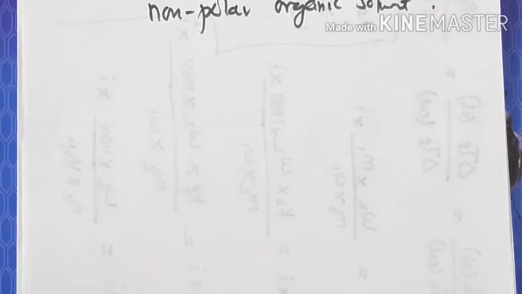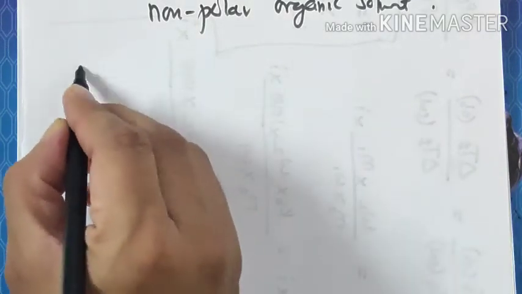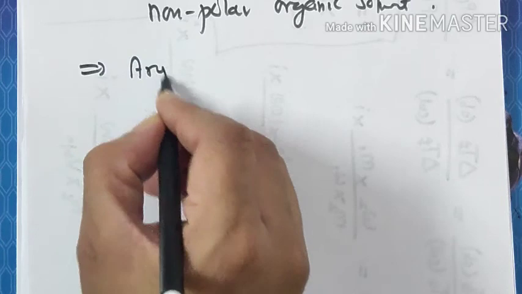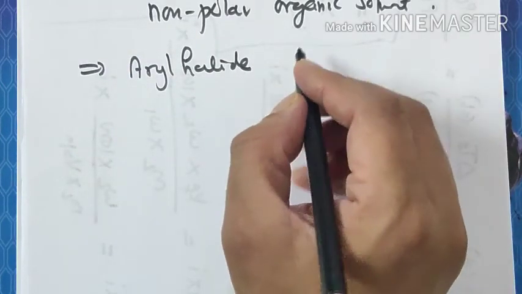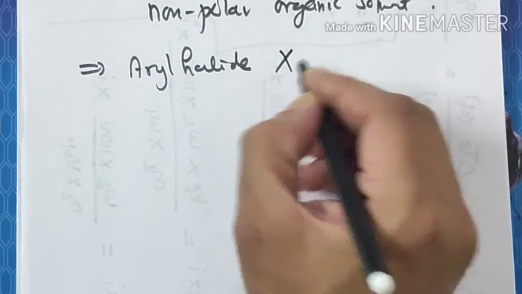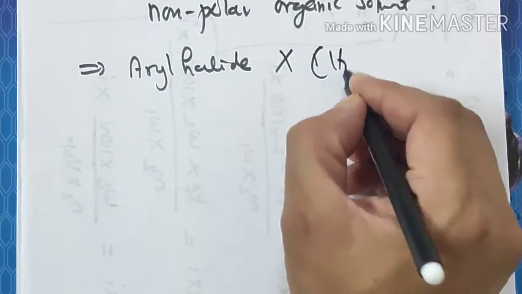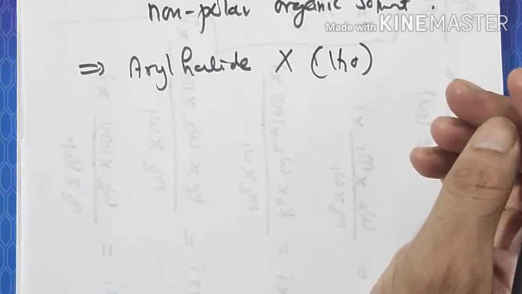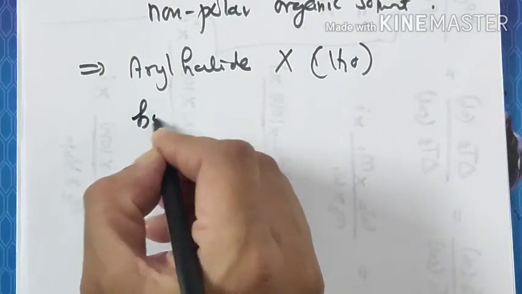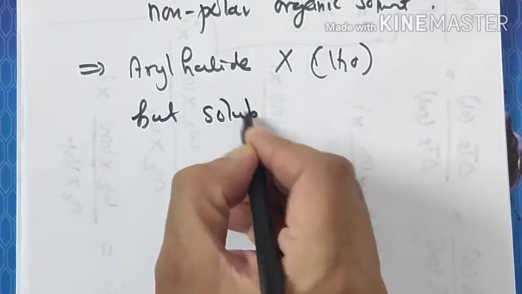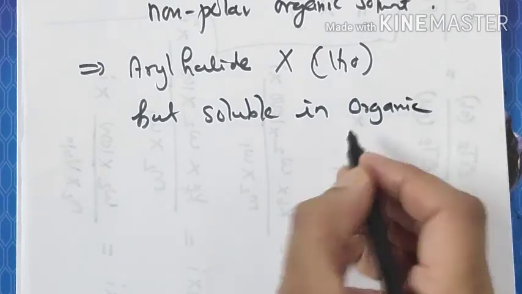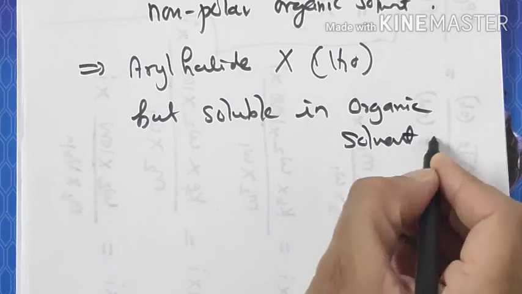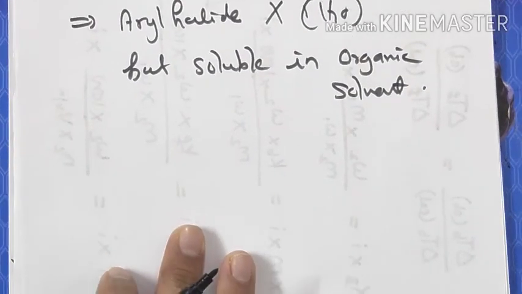Now, if I talk about aryl halide, student, then aryl halide is also insoluble in water. It is not soluble in water, but soluble in organic solvent. It is soluble in organic solvent.